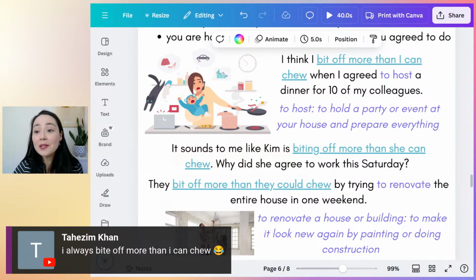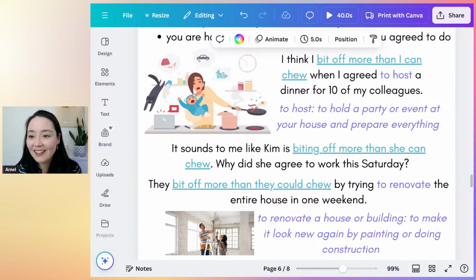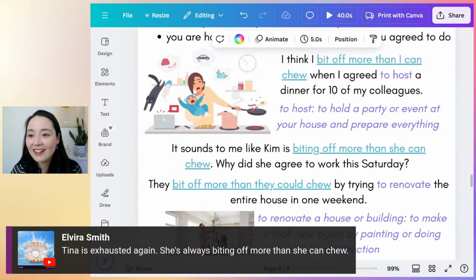Taizim says, I always bite off more than I can chew. Right, very ambitious then. Tina is exhausted again. She's always biting off more than she can chew.